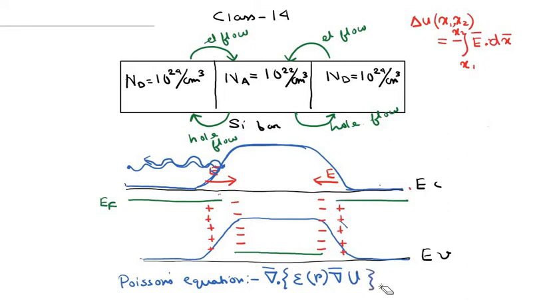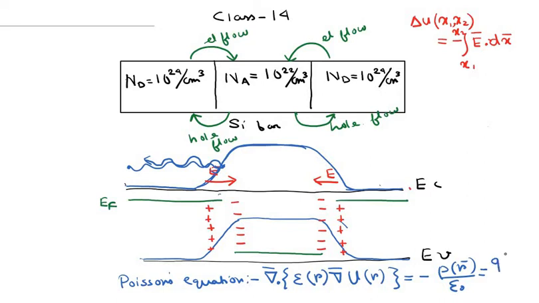So U is basically the spatial potential, so we can write it as U of R equal to minus rho at this point R divided by epsilon 0. So right now we are considering electrons only. If you have holes along with it, you have to add that also. So we will be considering electrons only just for simplicity.